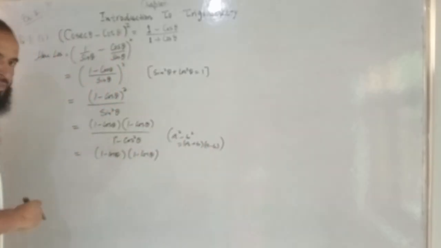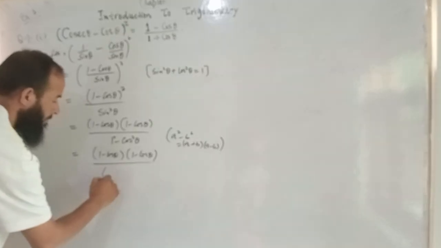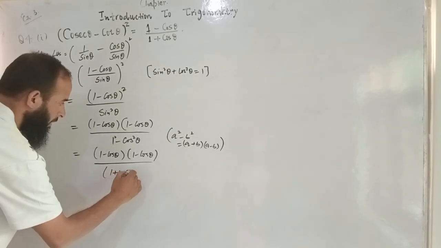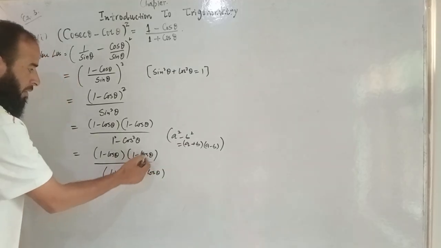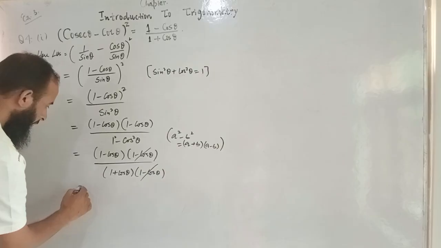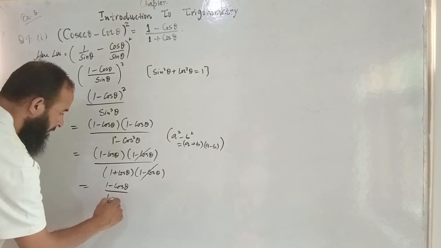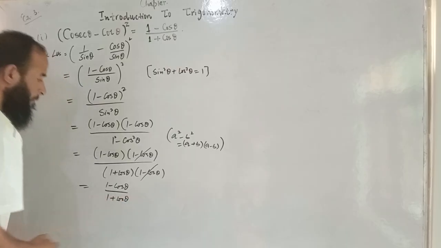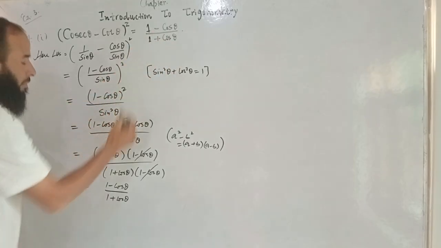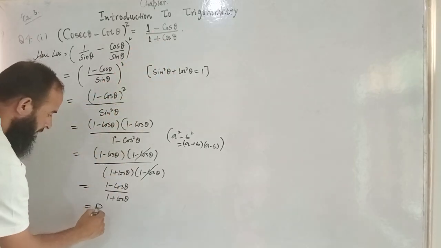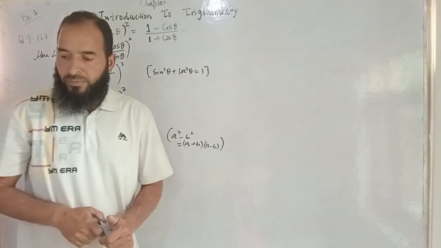So I can write 1 plus cos theta into 1 minus cos theta. This and this will cancel, and we get 1 minus cos of theta upon 1 plus cos of theta, which is our RHS. So this gets proved.